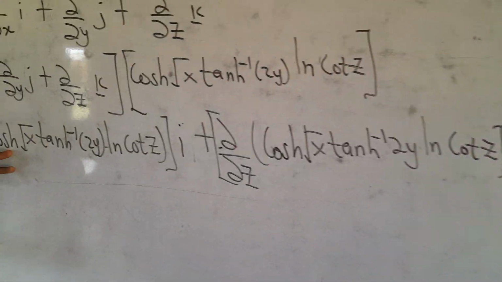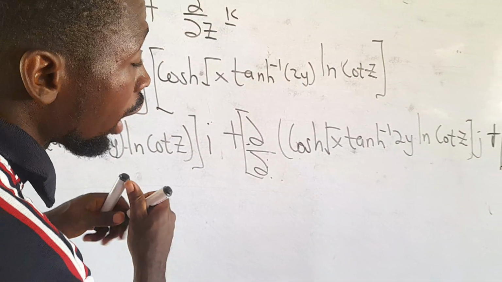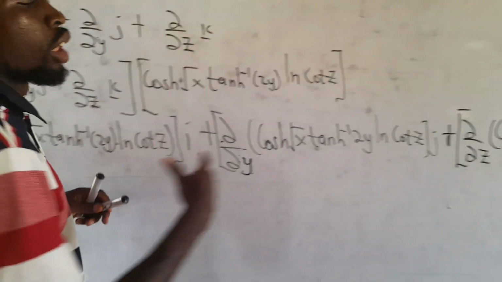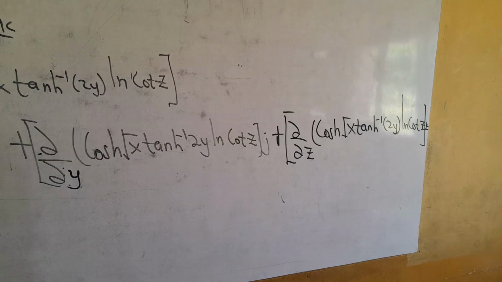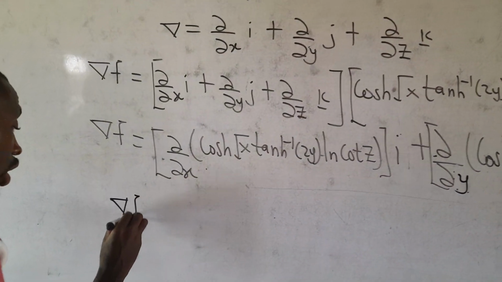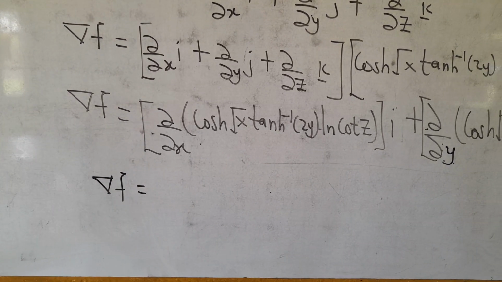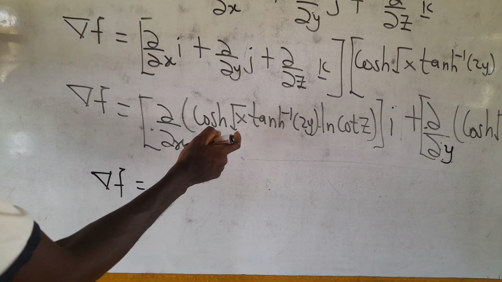So we find the partial differentiation of this function with respect to x, with respect to y, and then with respect to z. So the gradient of the scalar field will be equal to... Now, how do we differentiate the function?